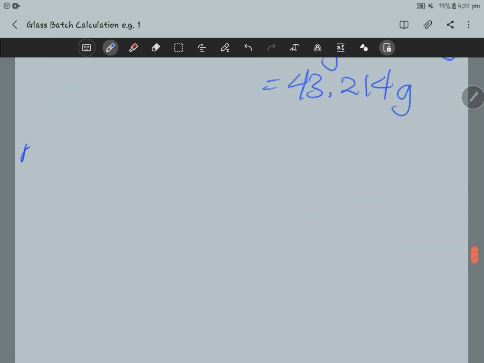So let's see. This is the mass of additional Na2O needed, let's write it that way.